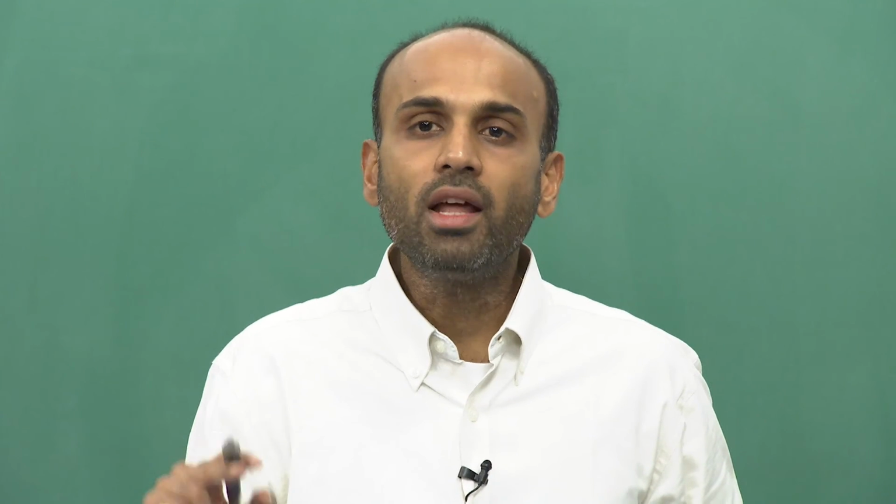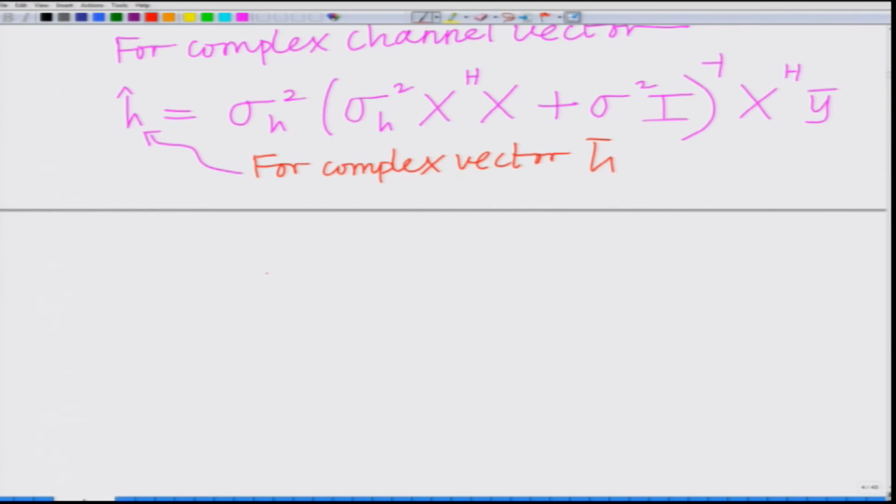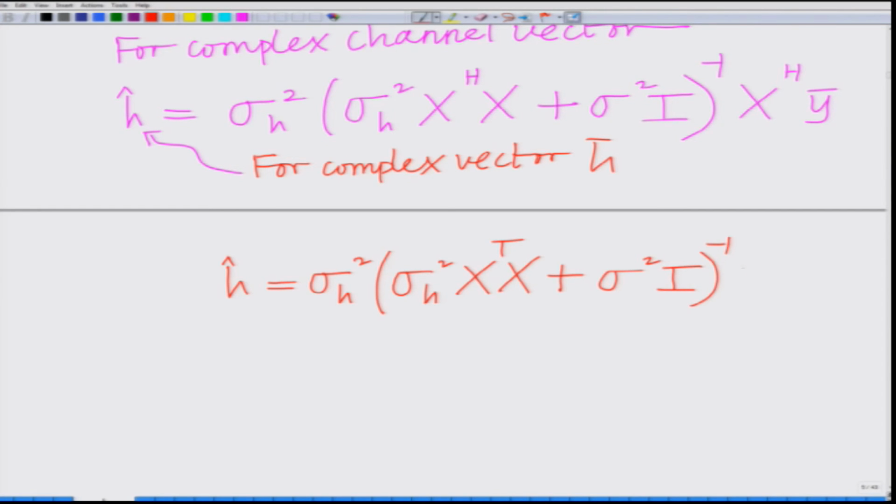Alright, and one small point to observe here, which is very interesting: we look at this estimate h hat equals sigma h square x transpose, going again back to the real scenario, sigma x times x transpose y.